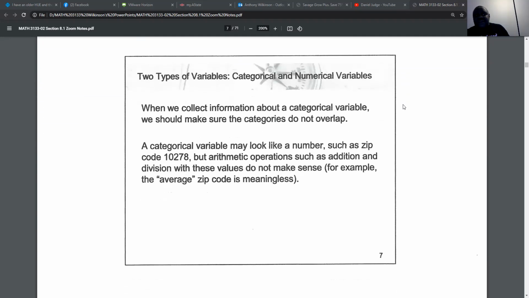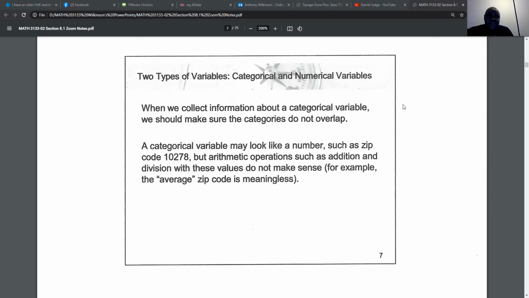Now, when we collect information about a categorical variable, we should make sure that the categories do not overlap. Now, a categorical variable may look like a number, such as a zip code, but arithmetic operations, such as adding and dividing with those values, do not make sense. Like the average zip code is meaningless.